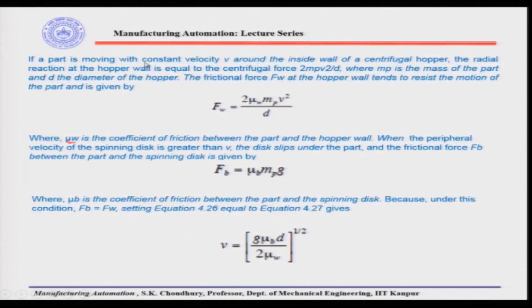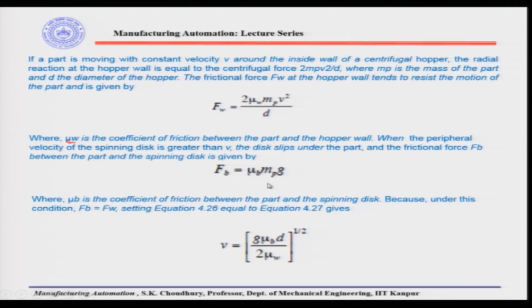So, if a part is moving with a constant velocity v around the inside wall of a centrifugal hopper, the radial reaction of the hopper wall is equal to the frictional force with the wall. As for the frictional force with the base, we have said that if the base is rotating at a higher speed than the velocity of the parts, the parts will slip over the spinning disc, and then the frictional force on the base will be equal to mp g into mu b.